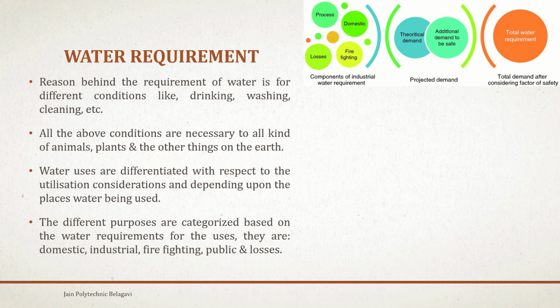Then additional demand to be safe, in the sense we will be taking the water in consideration, and the future consideration too. We will be considering both the ways, the water consumption as well as the future consumption. On behalf of these two, we will be saving the water for future. Similarly, the last, total demand after considering factor of safety, it is the total water requirement.